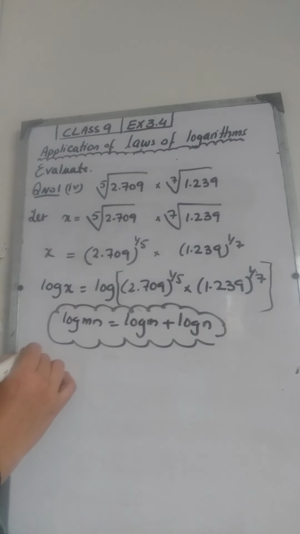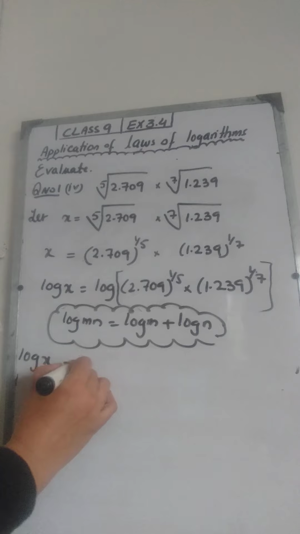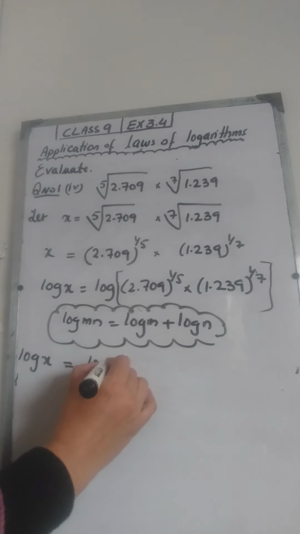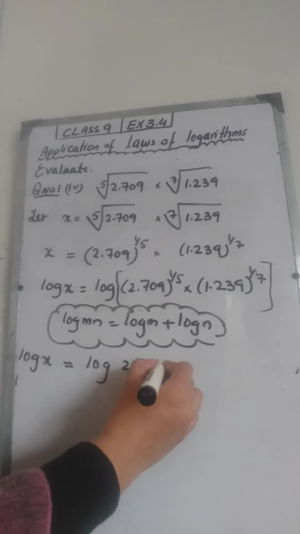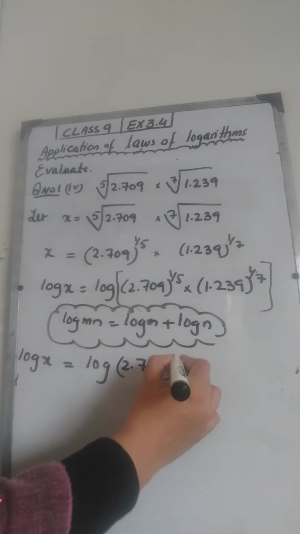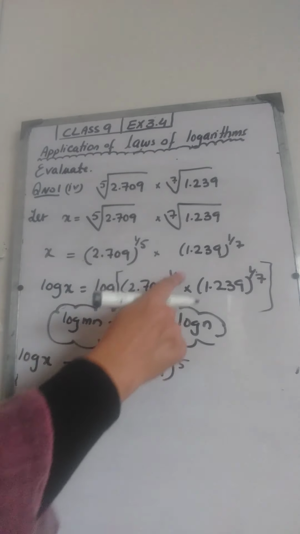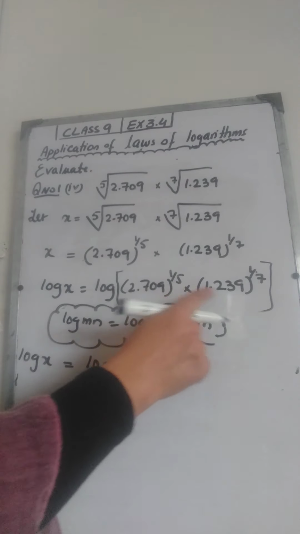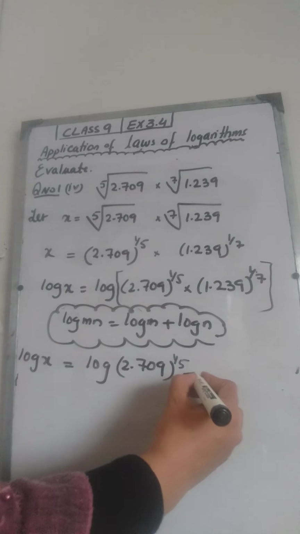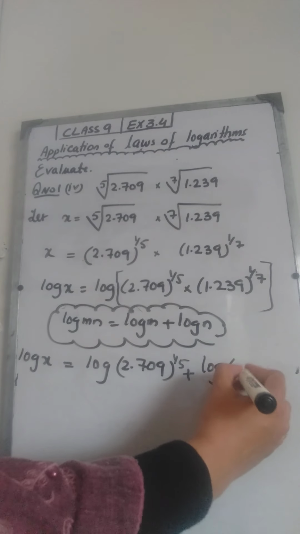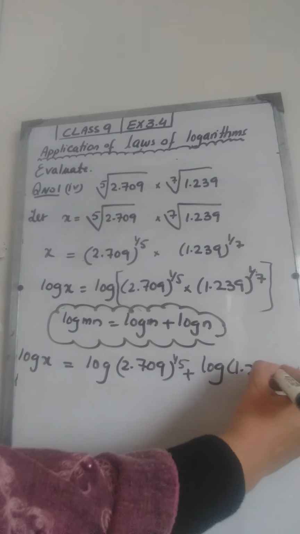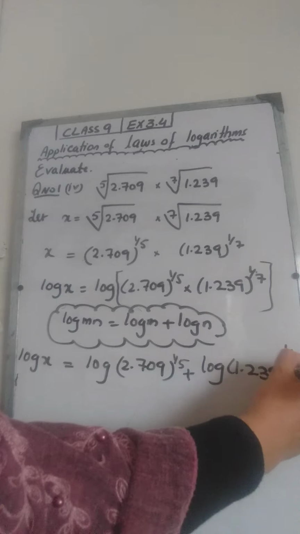So what we get is log of x is equal to log of 2.709 raised to power 1 over 5, this is the number m, plus log of n, 1.239 raised to power 1 over 7.